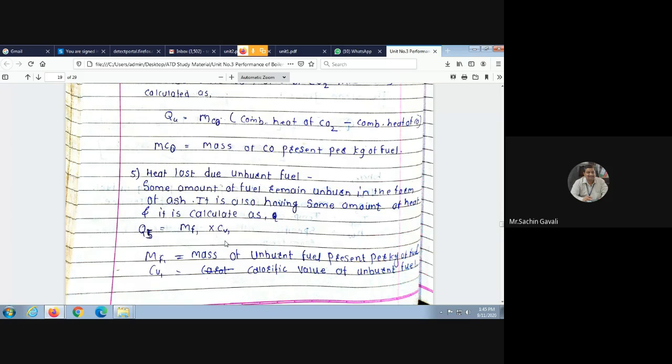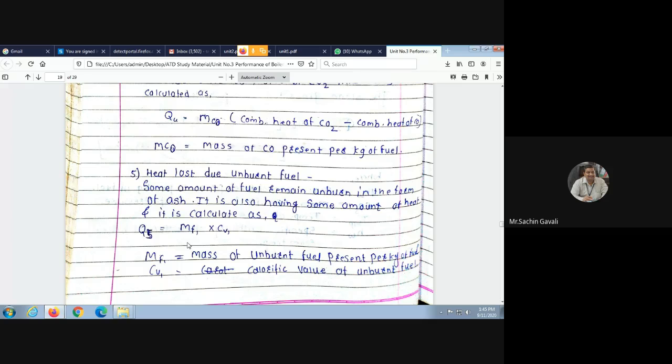That ash is carrying some amount of heat, and that heat cannot be utilized to convert water into steam, and therefore the heat with ash is considered a heat loss. We can calculate it by the formula Q5 is equal to mf1 into cv1, where mf1 is the mass of unburned fuel present per kg of fuel.